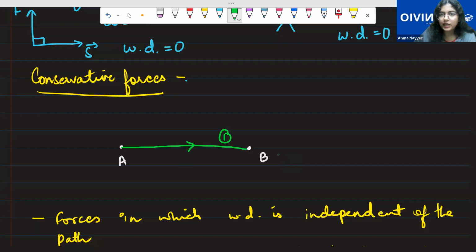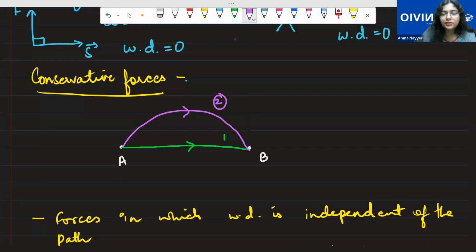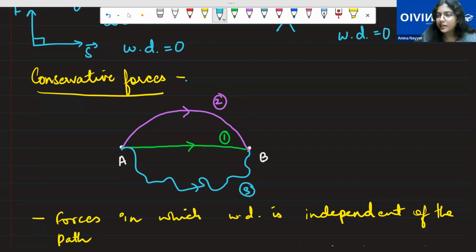Second possibility is that I am going from A to B like this. This is the first one. This is the second one. And third is if I am going like this. So three possibilities I have given.